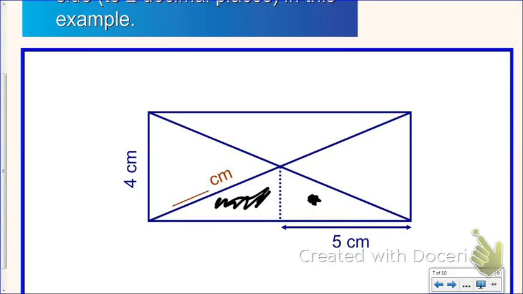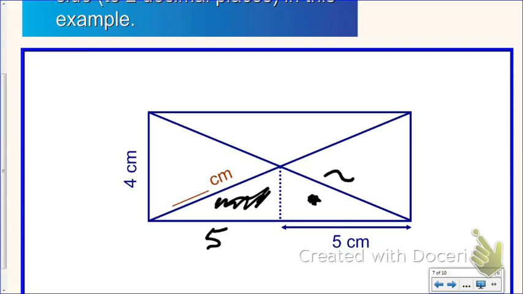And you'll also see that this side, where I'm putting the squiggly line, is the same length as the one that we're looking for with the centimeters. It looks like it in the picture, so I guess for now you're just going to have to go with your instincts. But again, there are ways to prove that if this right half of the bottom side is 5, that this side over here is also 5.